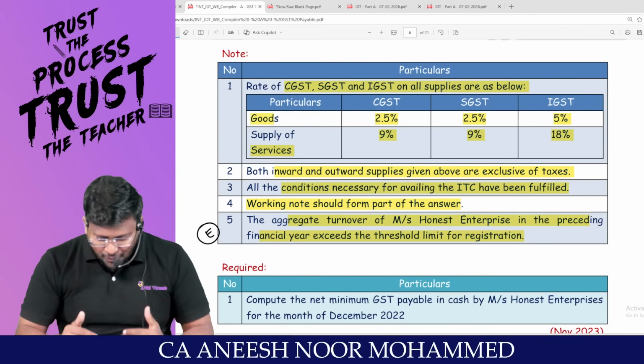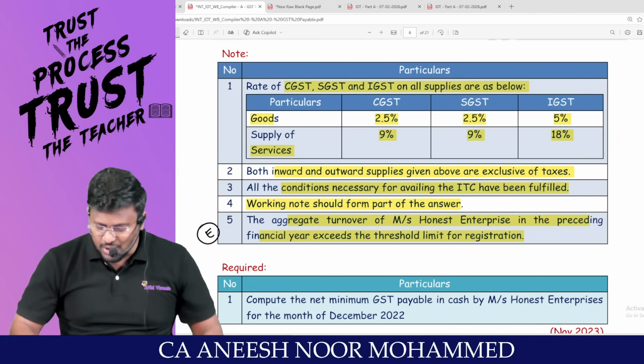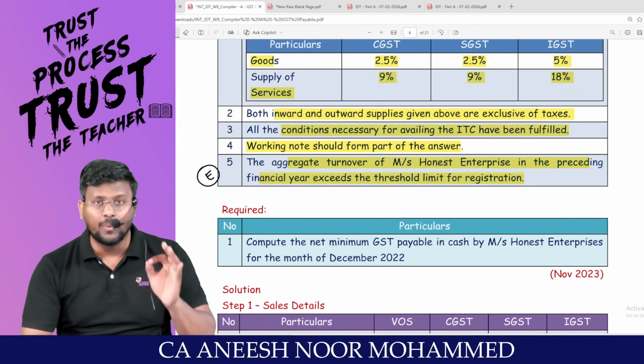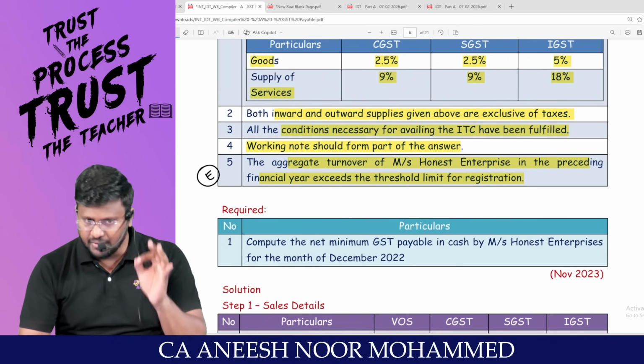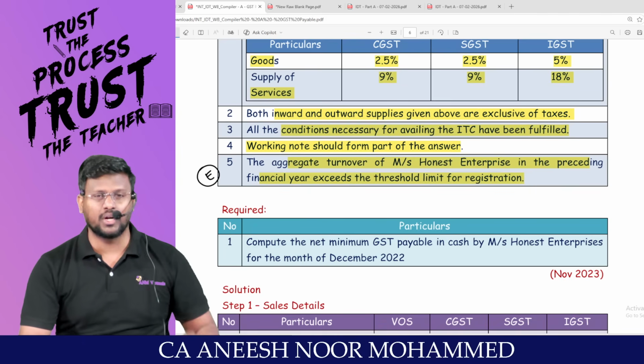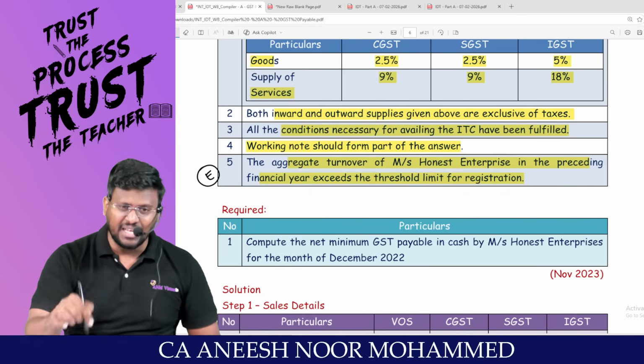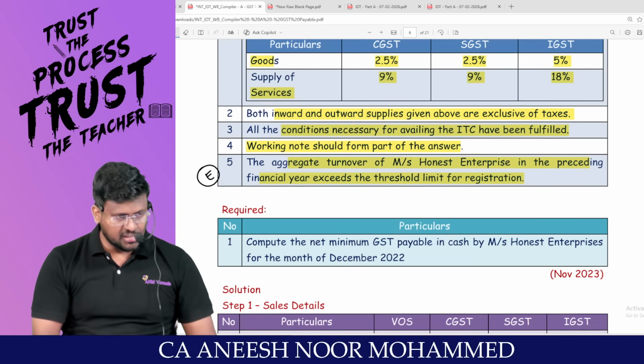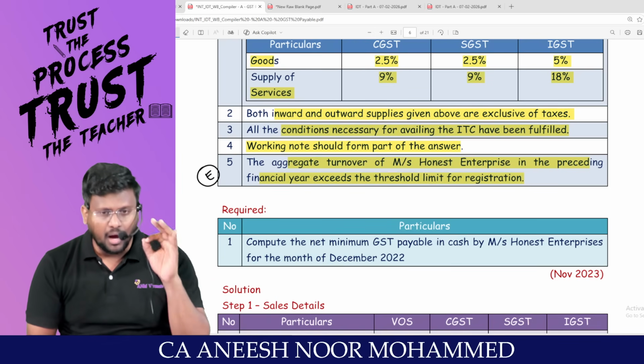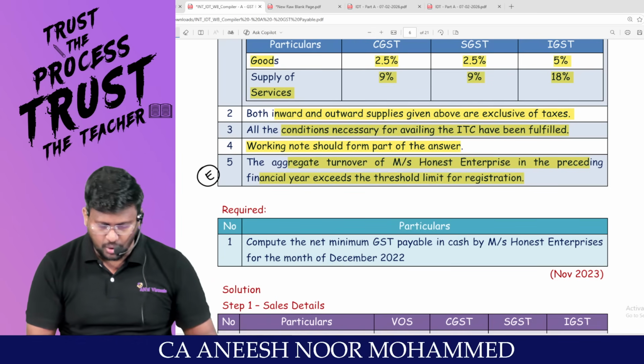But they are specifically highlighting that Mrs. Honest Enterprises' turnover in the immediately preceding previous year exceeds the threshold limit. Exceeds threshold limit means if this guy has received legal services, my dear lovable students, they are liable to pay tax on reverse charge basis.